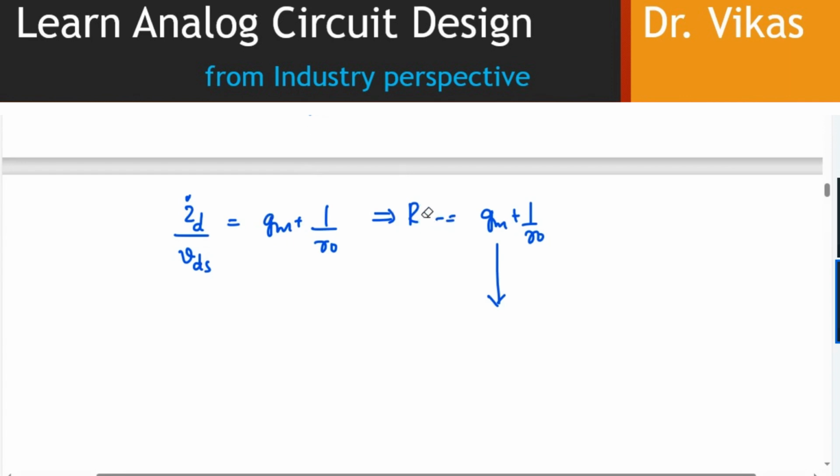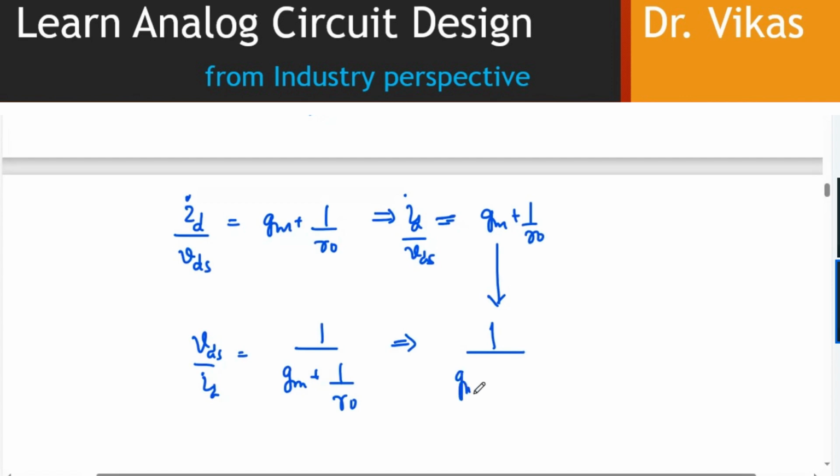So here I cannot write RDS, so let's write ID by VDS only for the time being. Now VDS by ID would be 1 over Gm plus 1 by R naught. If I solve it further, this would be Gm R naught plus 1 divided by R naught. Upon further solving, R naught divided by Gm R naught plus 1.